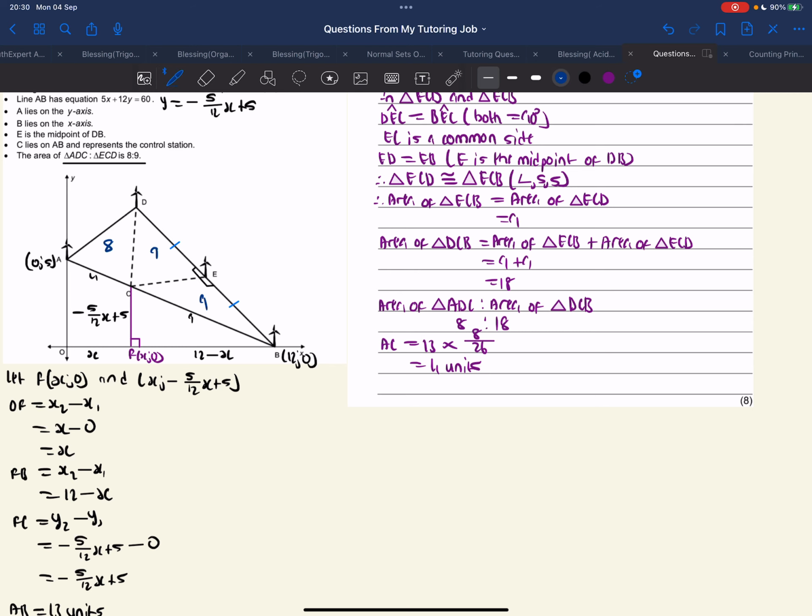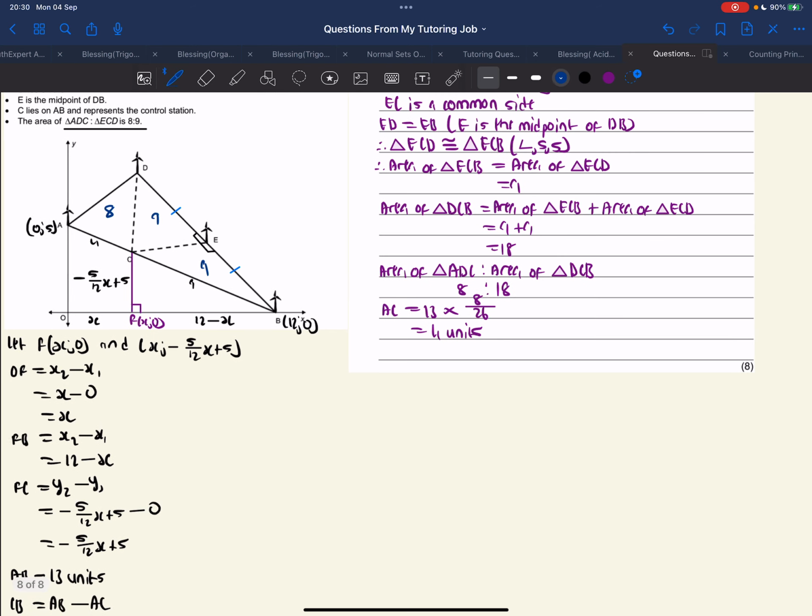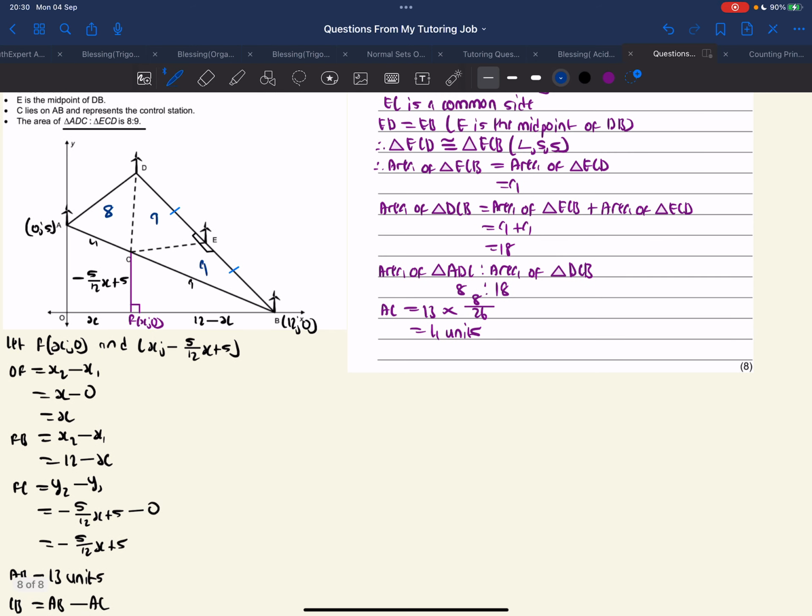Now I'm going to actually switch and work on the triangle CFB. So now I'm going to say in triangle CFB, right, CB squared equals CF squared plus FB squared. And the reason for that is the theorem of Pythagoras.